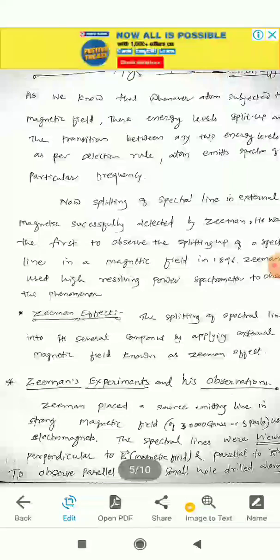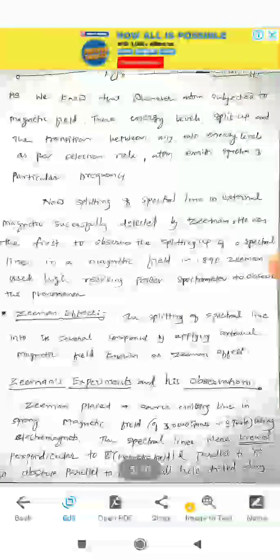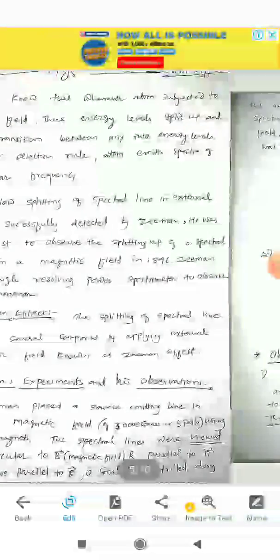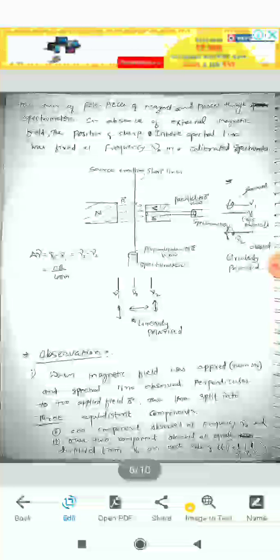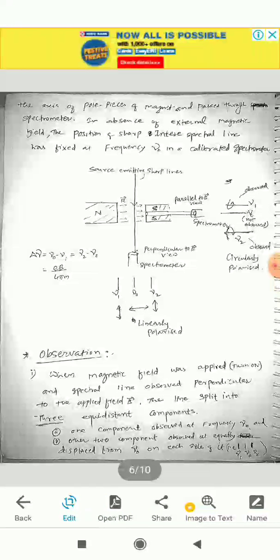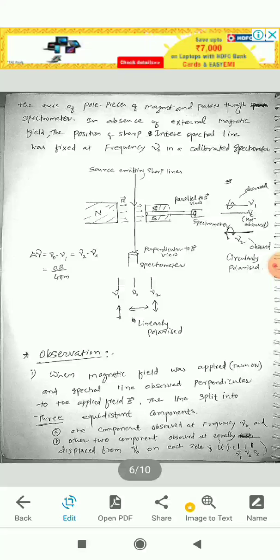Now Zeeman placed the source in a strong magnetic field and observed perpendicular to it. If we observe this diagram, you will understand. The source of spectral lines gives sharp lines which pass through the magnetic field, applied by a strong electromagnet with N pole and S pole.